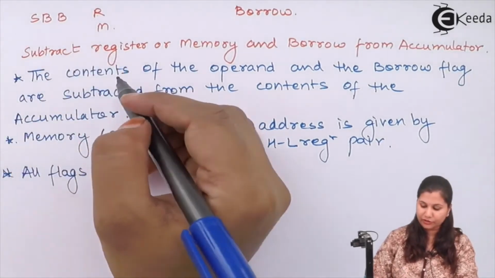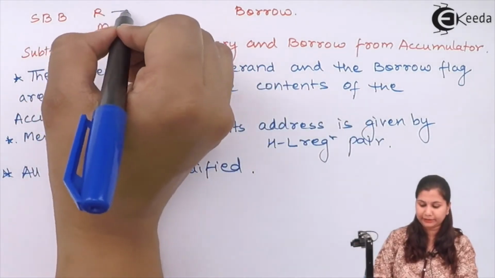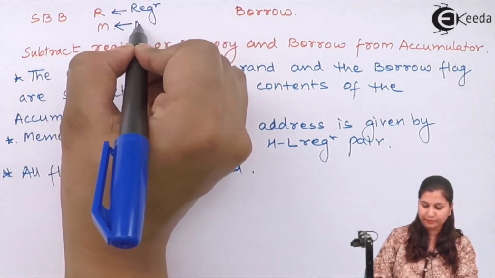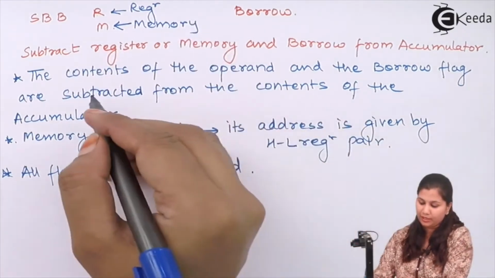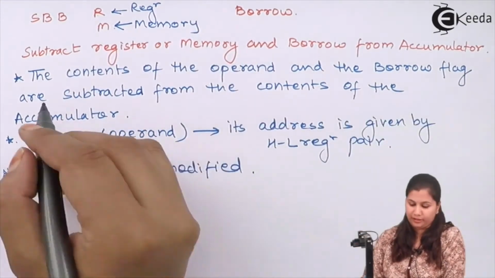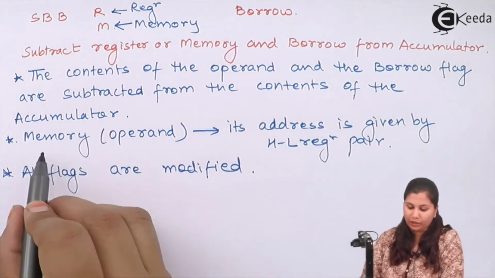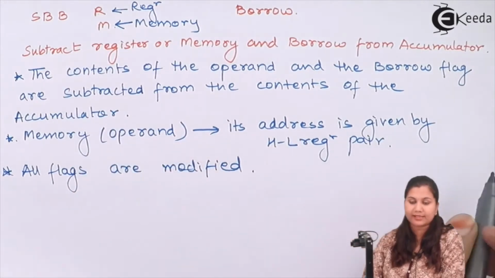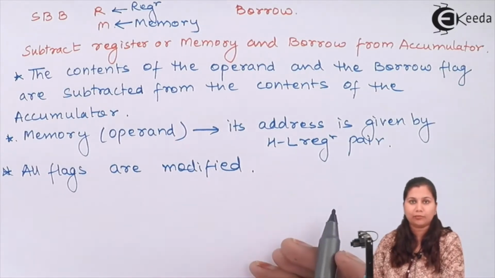So this instruction, the contents of the operand can be either a register or a memory location. And the borrow flag, they are subtracted from the contents of the accumulator. Now if the operand is a memory, then its address is given by the HL register pair, and all the flags are modified.